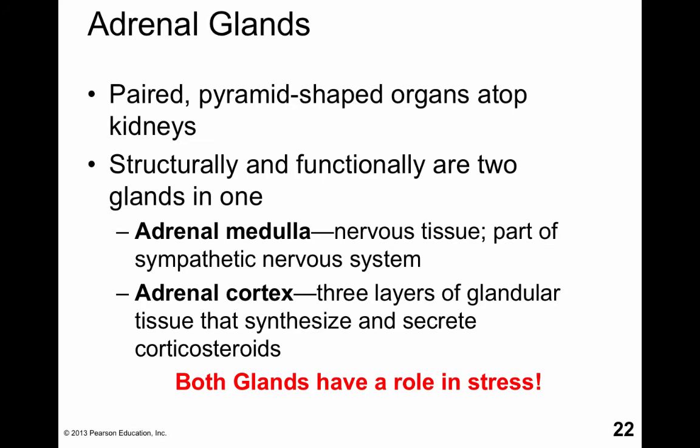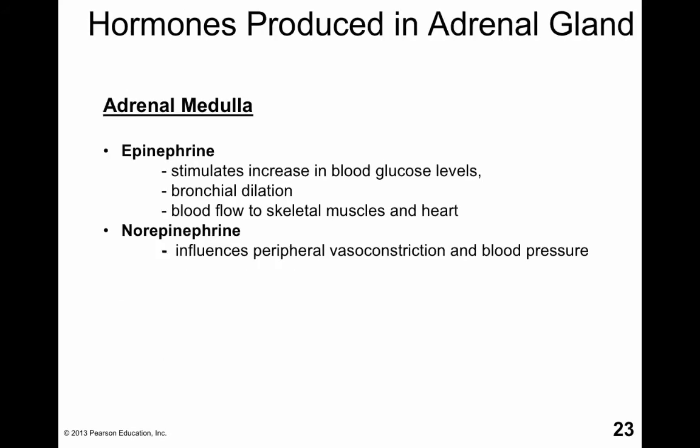So let's talk about the adrenal medulla first, and what hormones are produced there. The adrenal medulla is responsible for the release of epinephrine and norepinephrine. Epinephrine helps to stimulate or increase blood glucose levels.